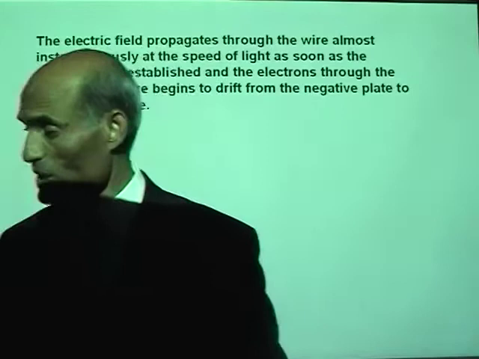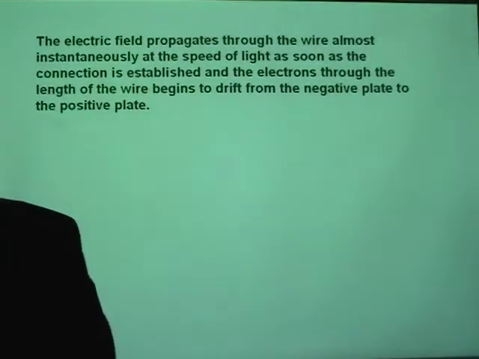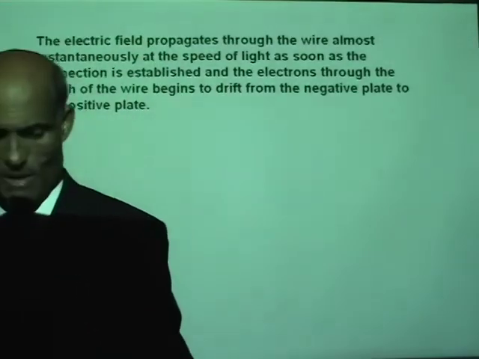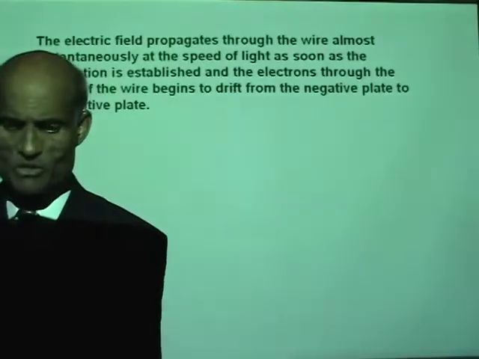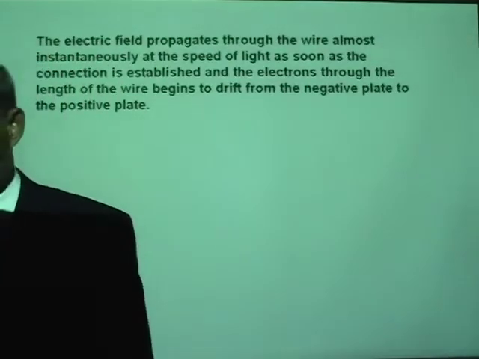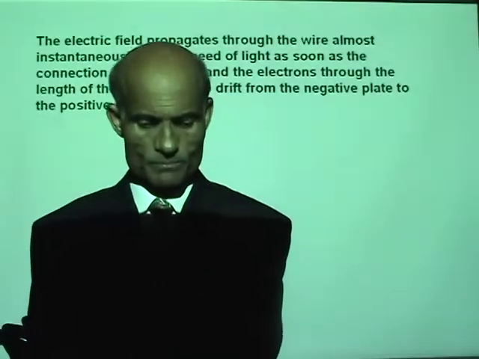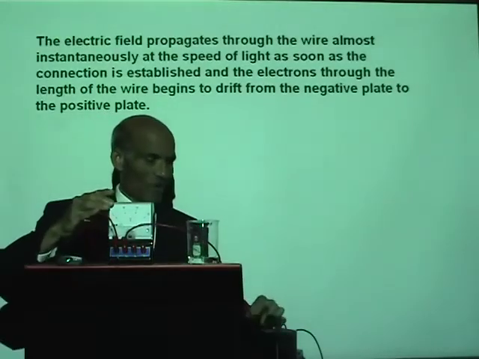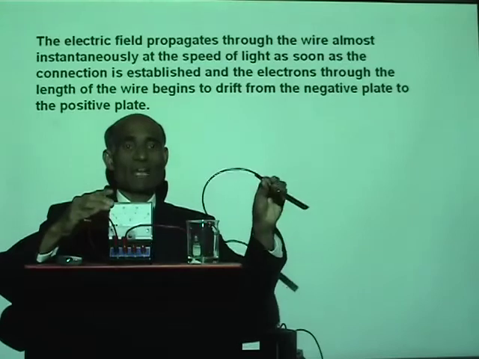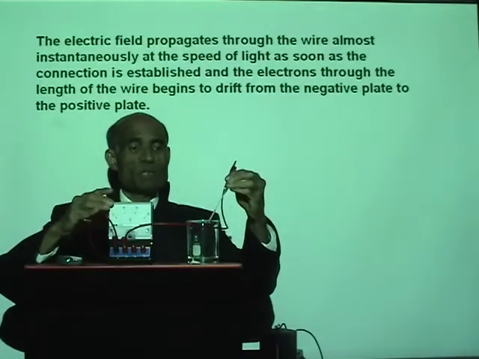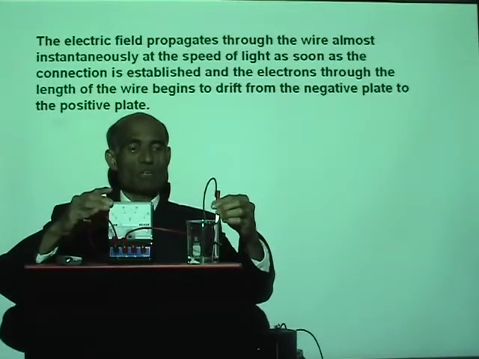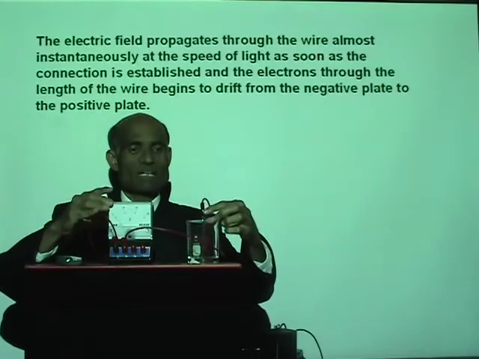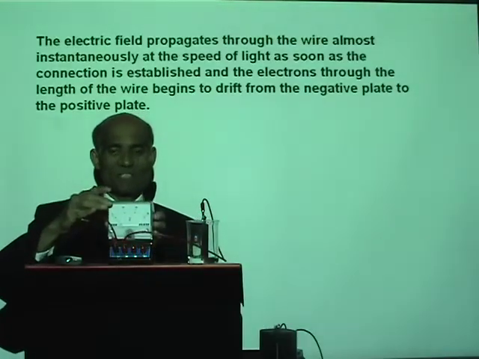Now, I can actually create that here for you. Now here I have a metal electrode. I'm going to dip it into a chemical solution. It's actually dilute sulfuric acid.